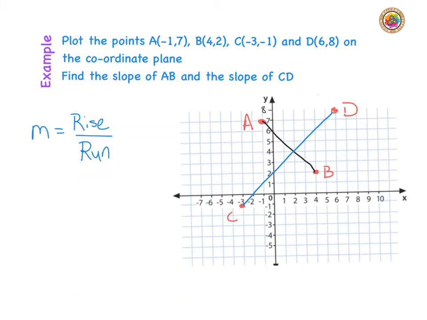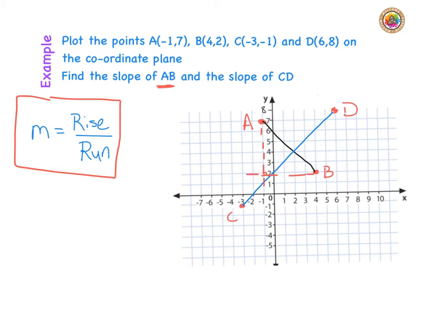Okay, so here the slope of the line is equal to the rise over the run, and I'm going to use the first line, the AB line, to do it. The important thing here is obviously always we write down our formula before we begin, and I'm going to find AB using the rise over the run. So in order to do that, I need to make a right angle triangle with those lines.